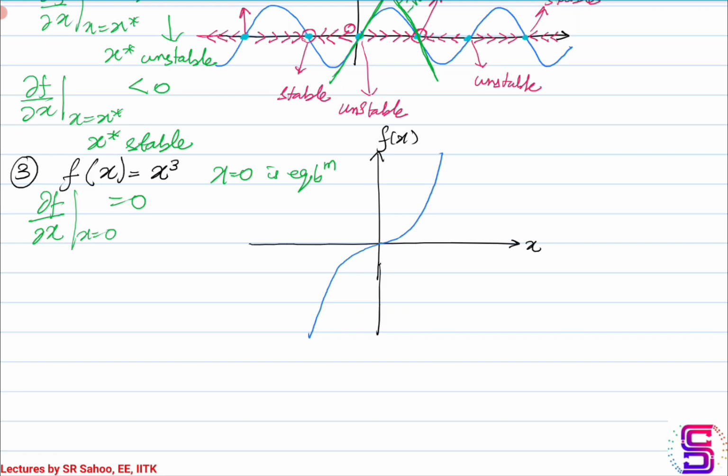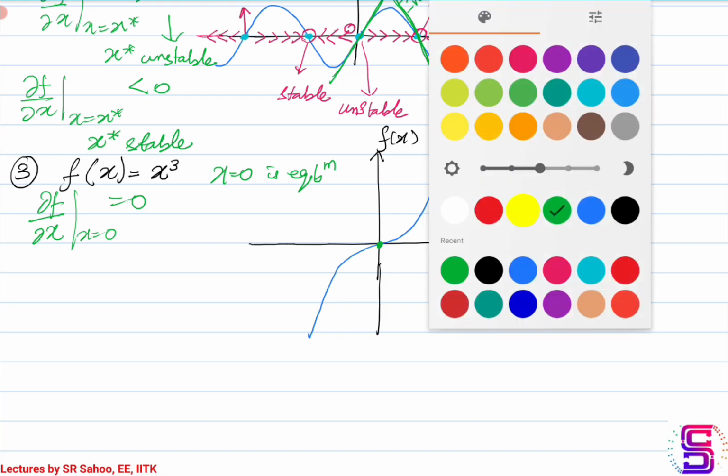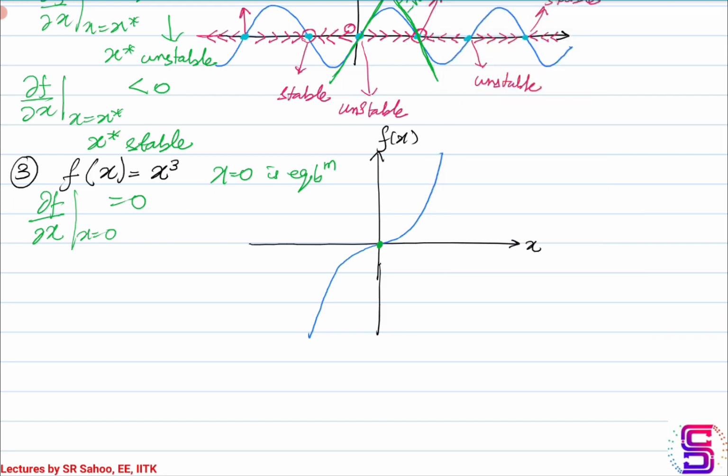Now let's come to the sketching of the vector field. So this is essentially the equilibrium point. Now, what would be the sense of the direction of the vector field? For all points towards the right of 0, the vectors point away from 0, and for all points towards the left of 0, the vectors point away from 0.